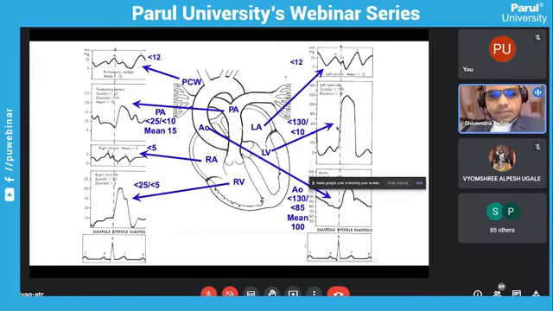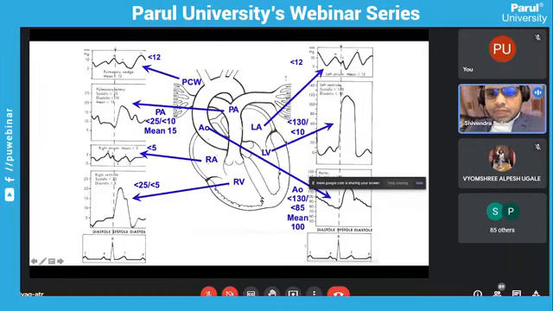Then, if you see this diagram, now there are connections. This is right heart pressure and this is left heart pressure. In right heart pressure, we have the right atrium, right ventricle, pulmonary artery, and pulmonary capillary wedge pressure. All pressures are at a lower scale.